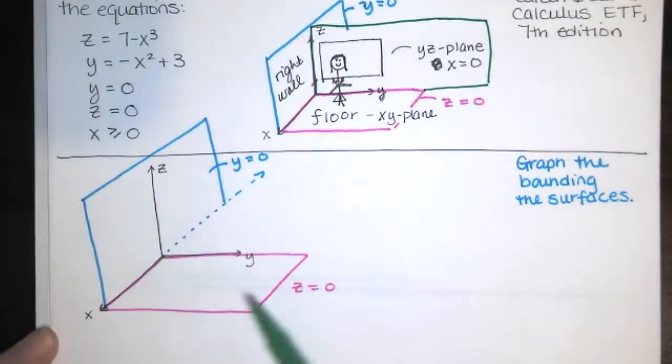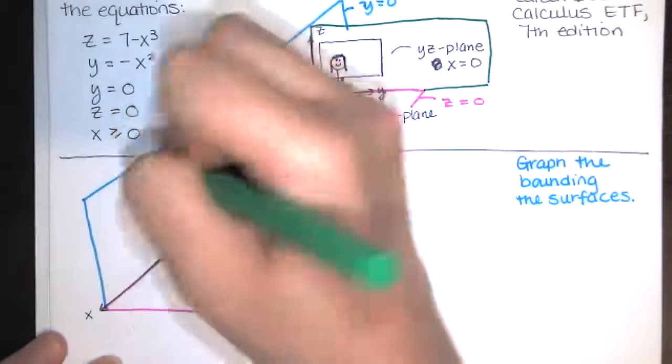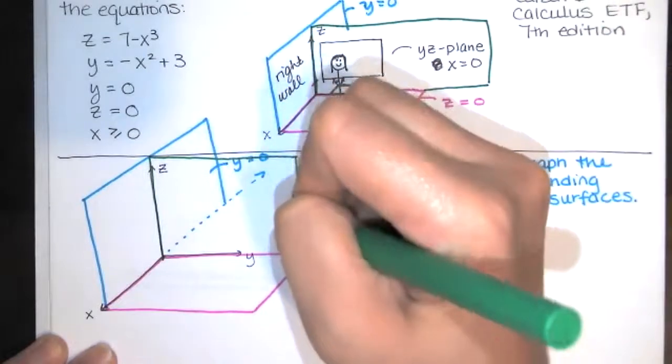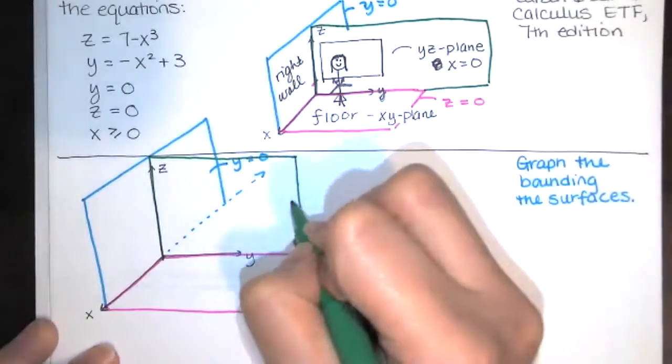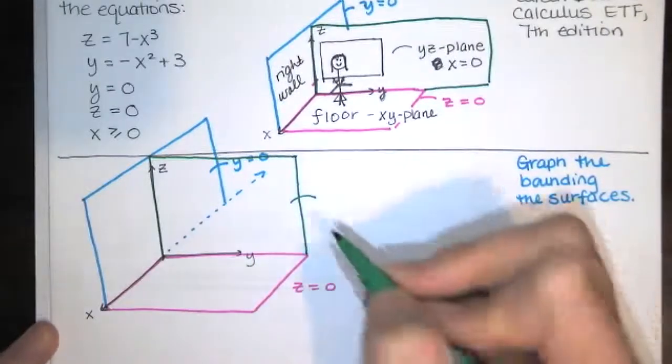So it's y equals 0 and z equals 0 and x equals 0 is that plane in the board behind me. So you put these three pieces together and you get something that looks a little bit like a rectangular box.